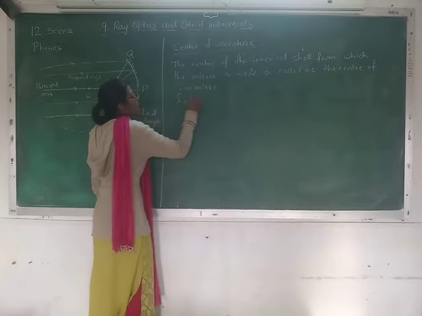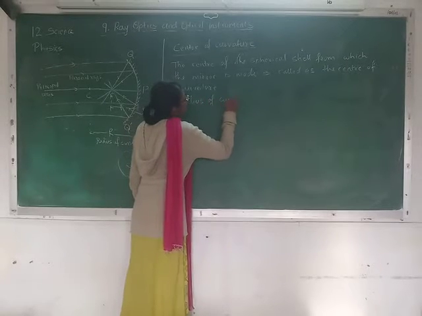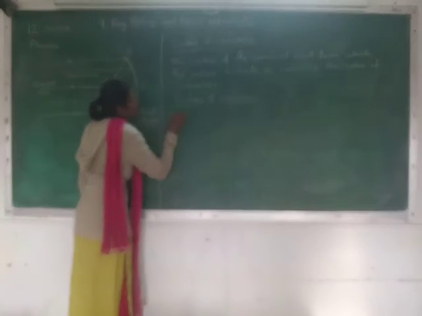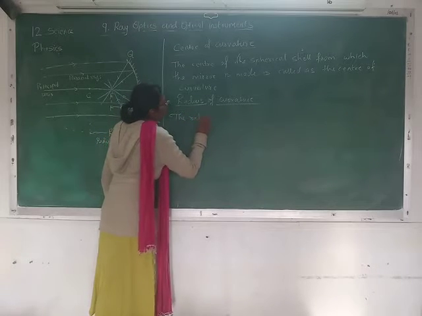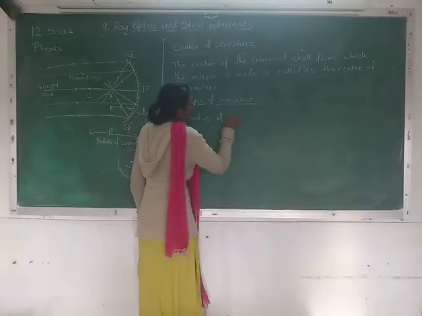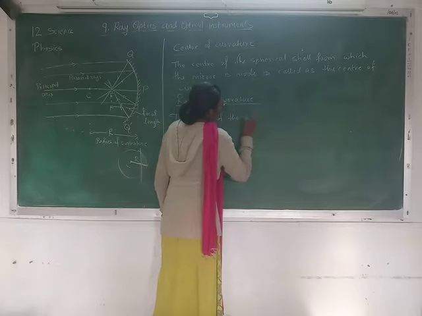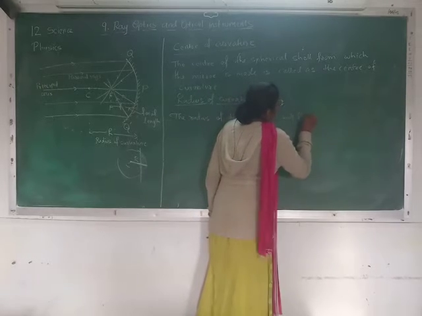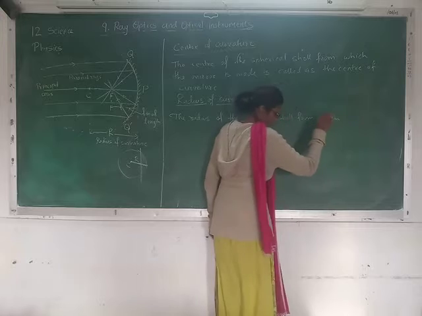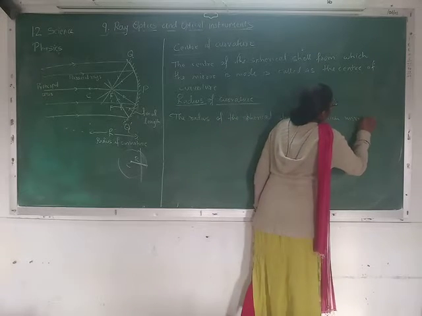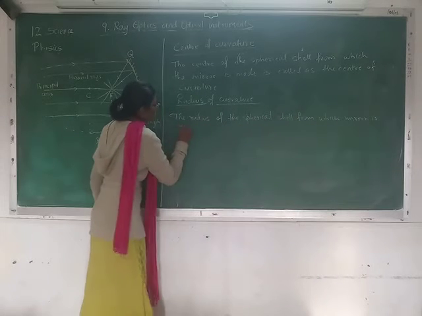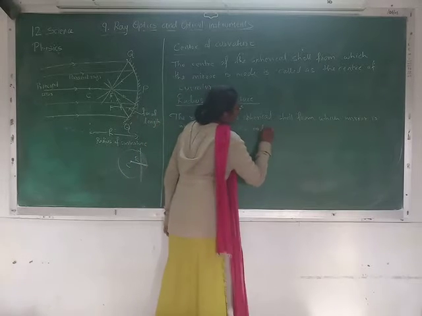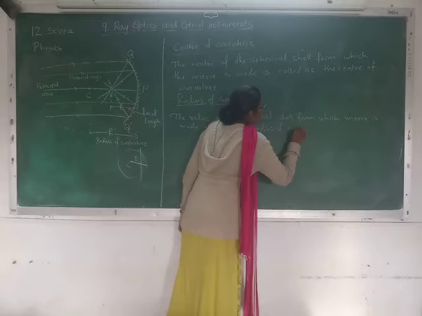So we can say the radius of the spherical shell from which the mirror is made is called the radius of curvature.